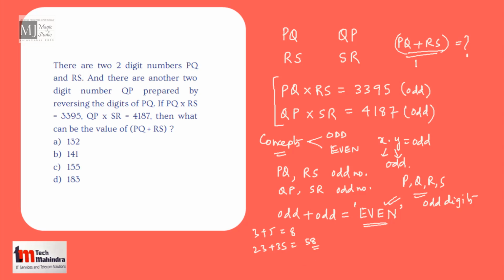It has to be an even number. That means PQ plus RS should be an even number. Now can we go back to the options? Option 1 is 132, that is even. That can be the answer. 141 is odd, out. 155 is odd, out. 183 is odd, out. I'm left with only 132, which is the only even option in this option set.